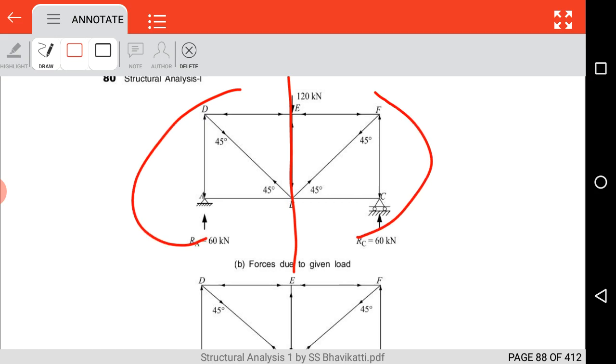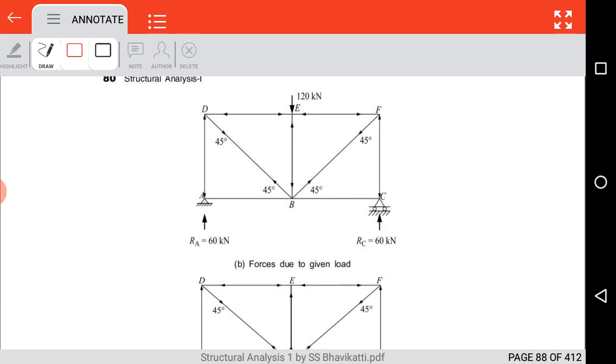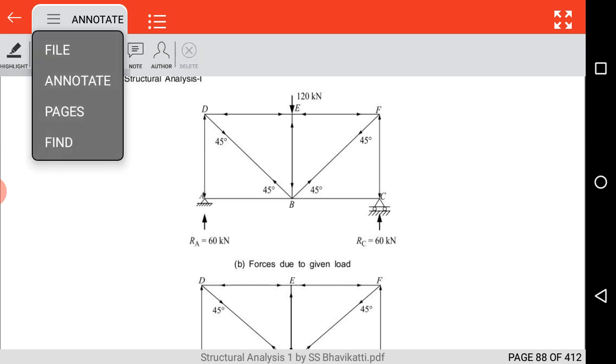So the reactions at support A and support C will be equal to half of the total load. So total load is 120, 120 divided by 2 is 60. So the reaction RA is equal to 60 kilonewton and reaction RC is equal to 60 kilonewton.